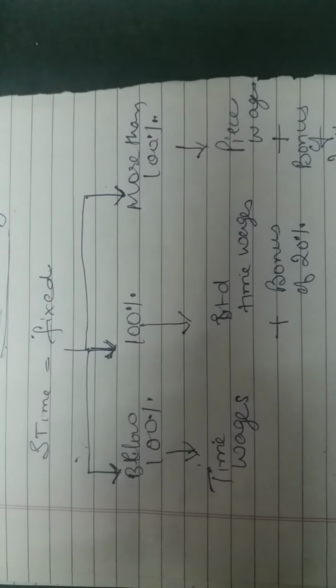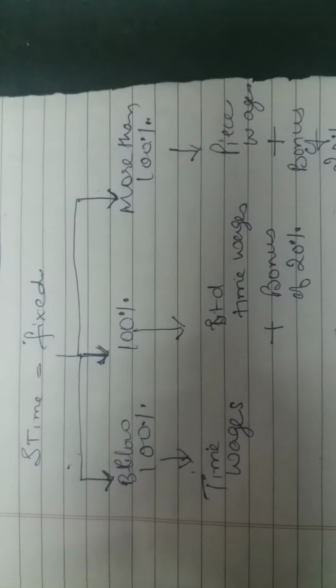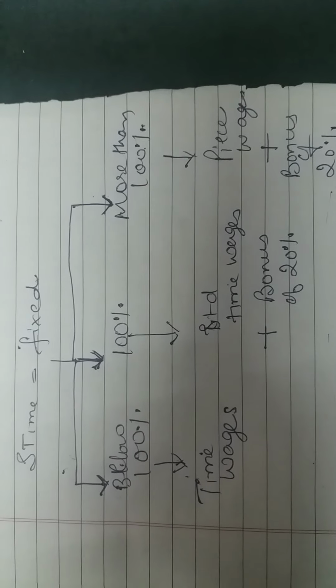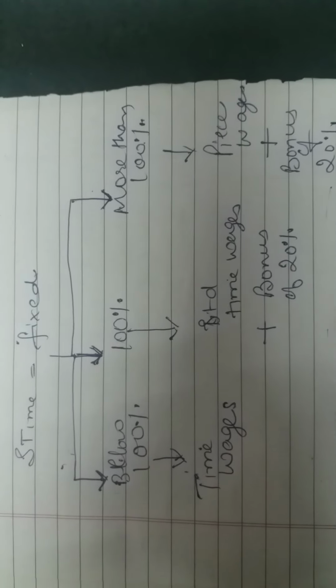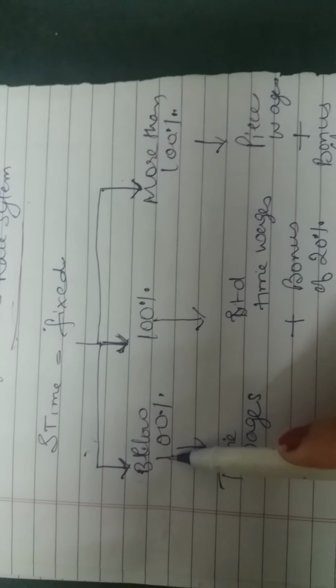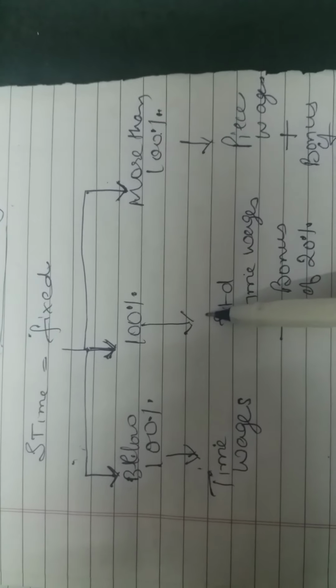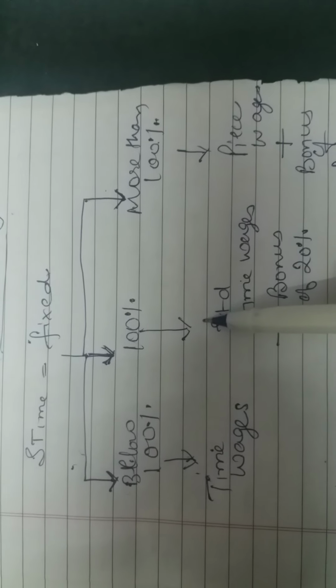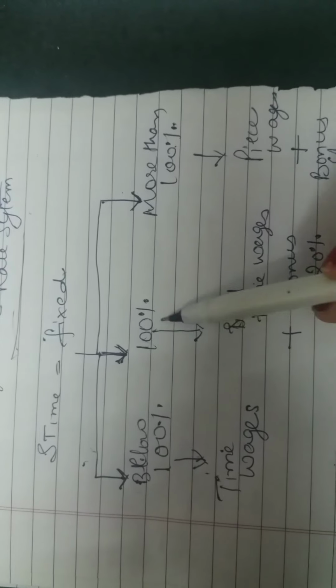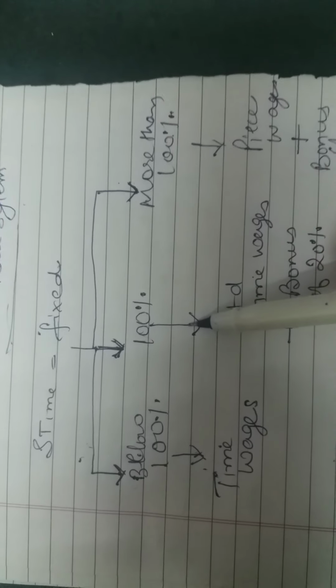So I repeat, if a worker takes more time than the standard time to complete a task, then his efficiency is below 100%. If he is taking standard time, then his efficiency is 100%.